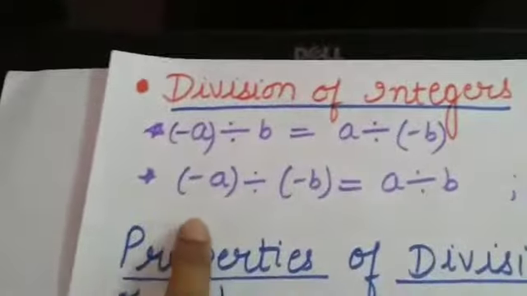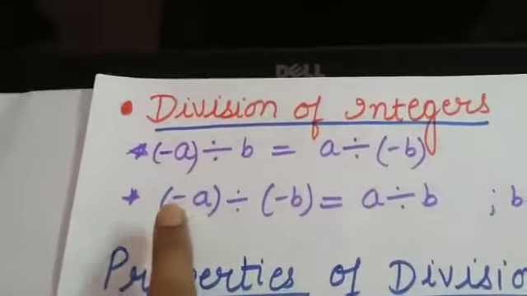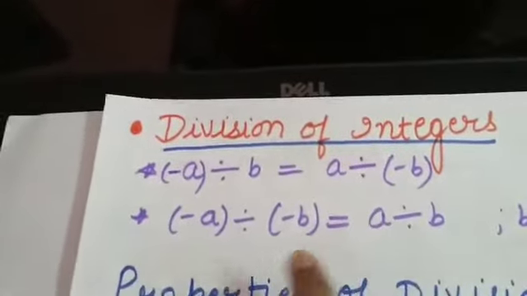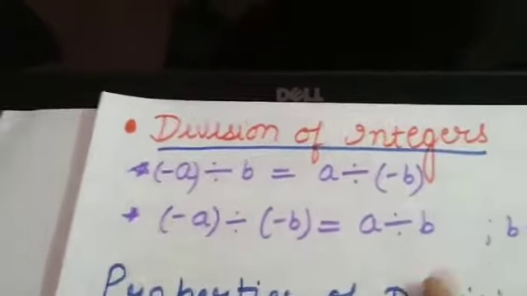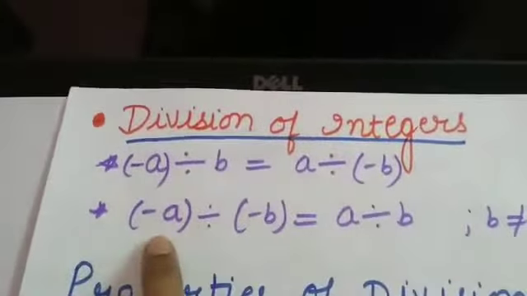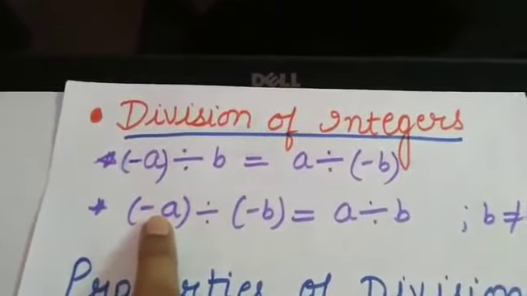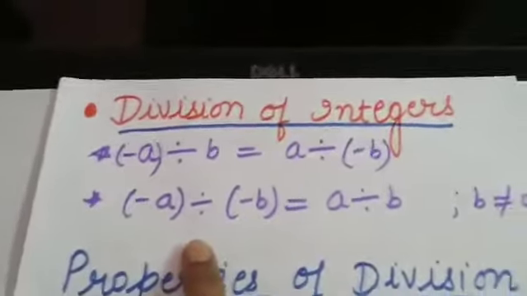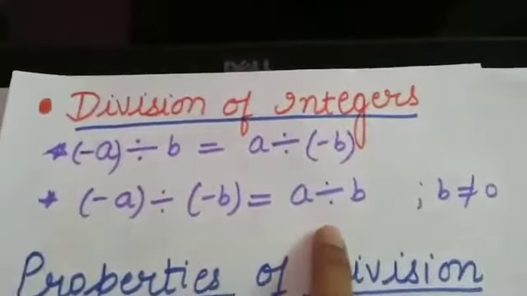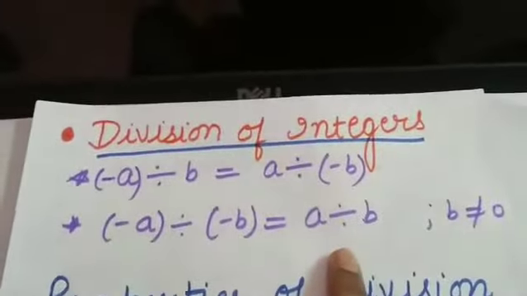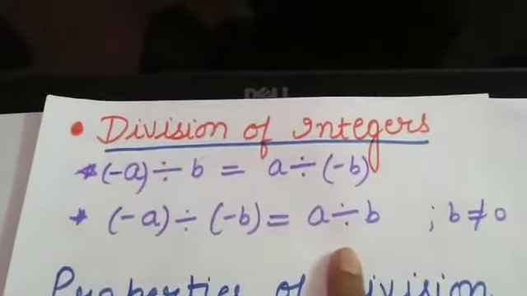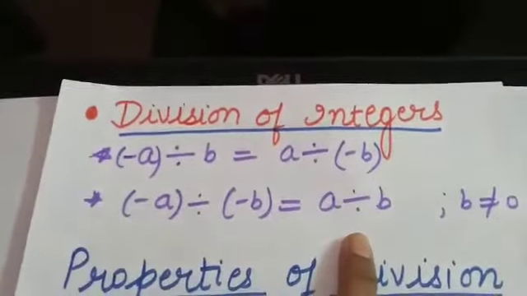Whenever you are dividing two negative integers, minus a divided by minus b, this is the same as a divided by b, because on dividing the integers, the minus signs get cancelled and they simply become positive integers. And one more thing, the denominator should not be equal to 0, because with the denominator 0 the division is not defined.